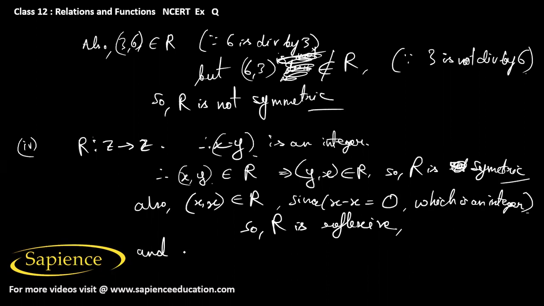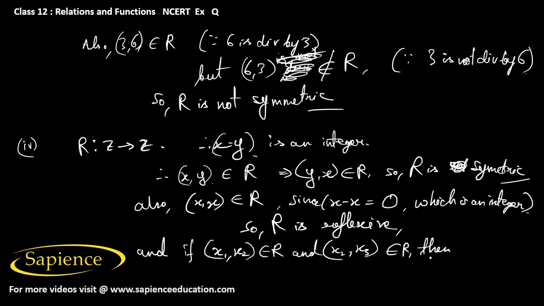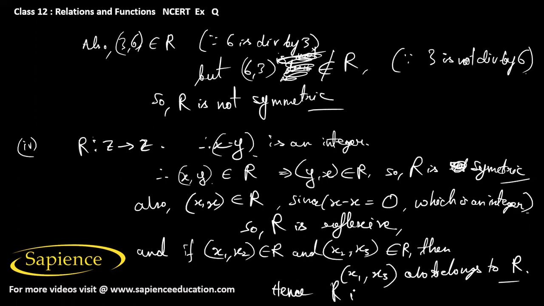And also, if x1 comma x2 belongs to the relation R, and also x2 comma x3 belongs to the relation R, then x1 comma x3 also belongs to the relation R. Hence we can say that since integer minus integer is always an integer only, the relation R is transitive also.